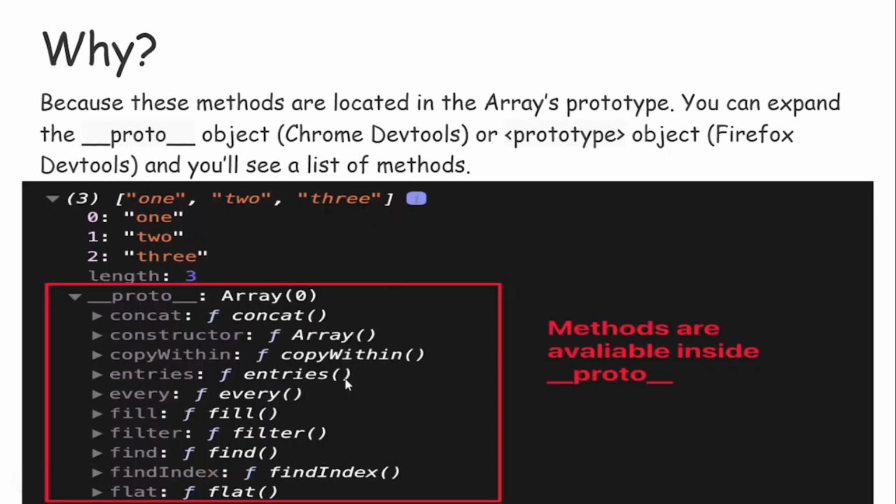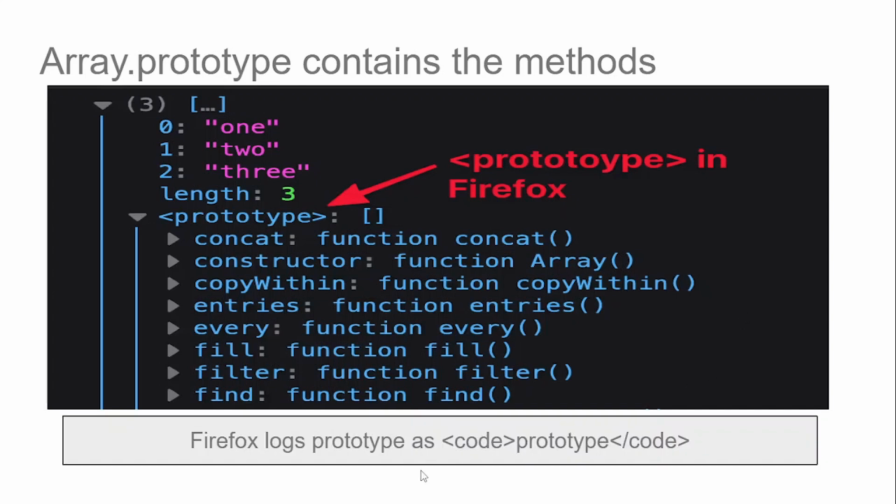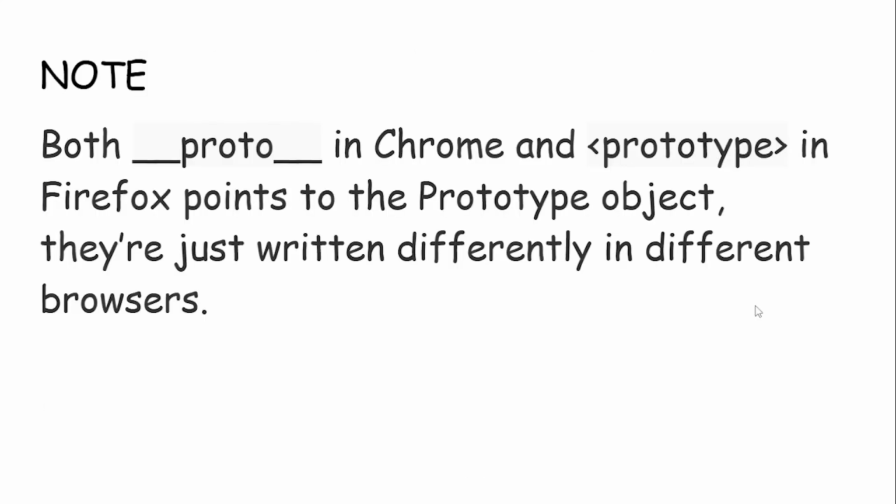These methods are available inside our __proto__, so Array.prototype contains the methods. Even in Firefox we'll get this kind of visualization of the methods. Note, both __proto__ in Chrome and prototype in Firefox point to the prototype object. They're just written differently in different browsers.